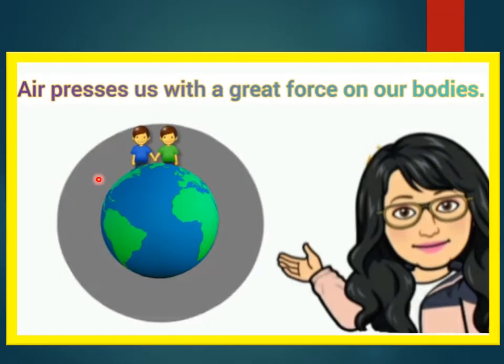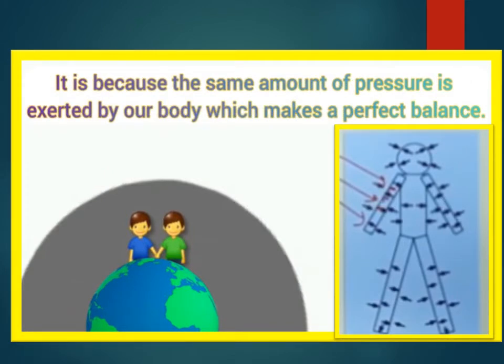So you see children, because air has weight, it is pressing us, our humans, also with great force on our bodies. Air is pressing us from the outside, but we still do not feel it. What is the reason? So children, why don't we feel the pressure? It is because the same amount of pressure is exerted by our body, which makes a perfect balance.